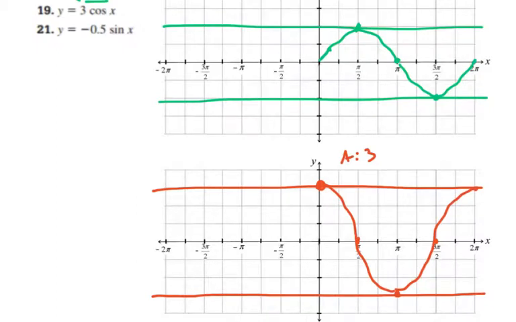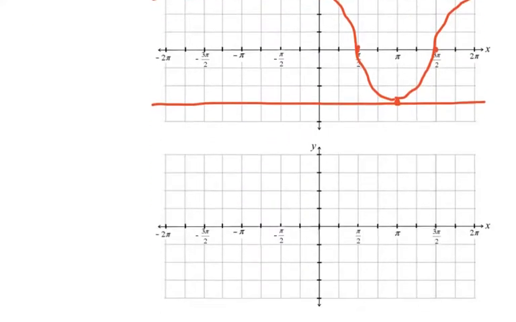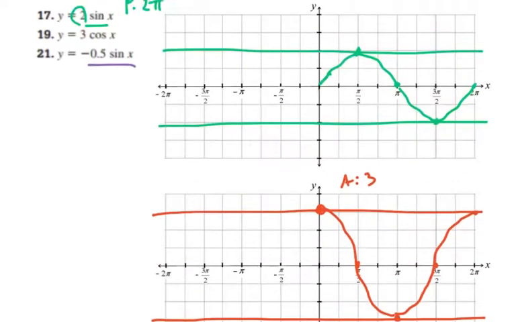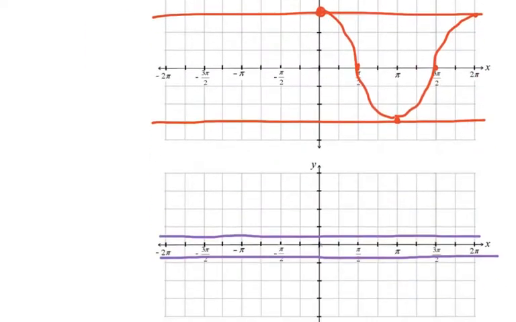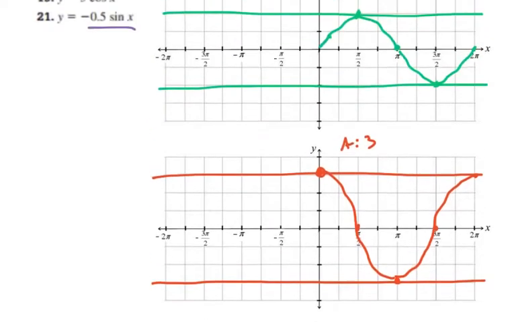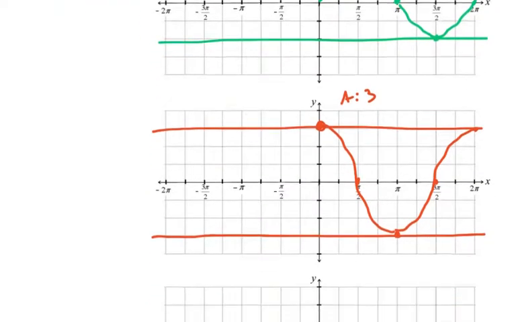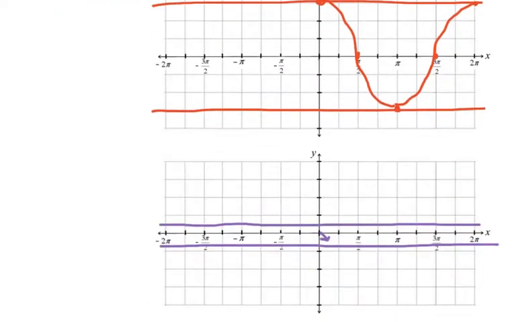And then the last one is negative a half sine of x. So that means that it's going to have a height of a half, which is kind of small. It's also sine, but it's doing negative sine, so it's going to go down from the beginning. It doesn't have a b value, so its period is still 2 pi.